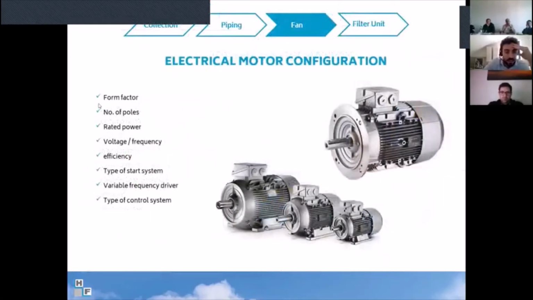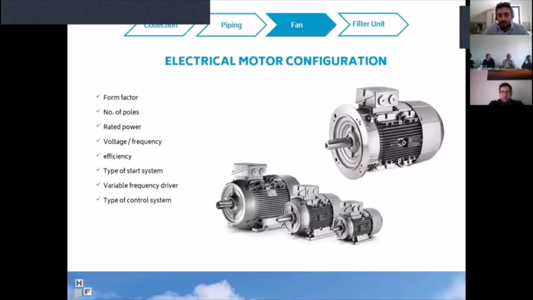Then we have to choose the proper number of poles of the motor, because related to the poles is the RPM, so the rotation per minute of the shaft of the motor. We need, for our example, 3,000 rotation per minute. We will need a 2-pole motor. It's very easy. Then we have to choose the form factor.